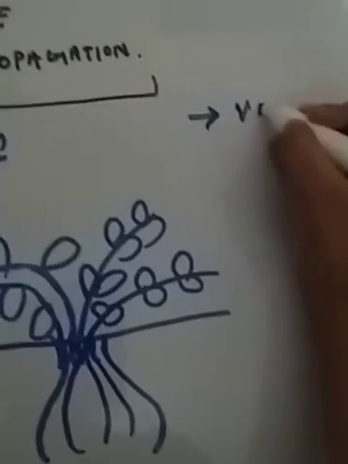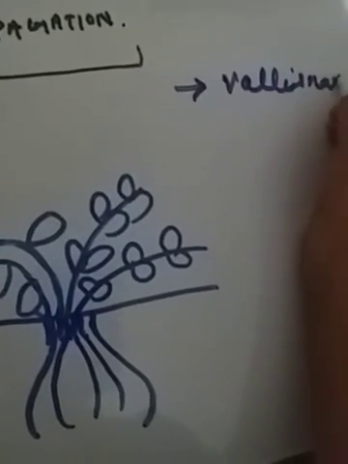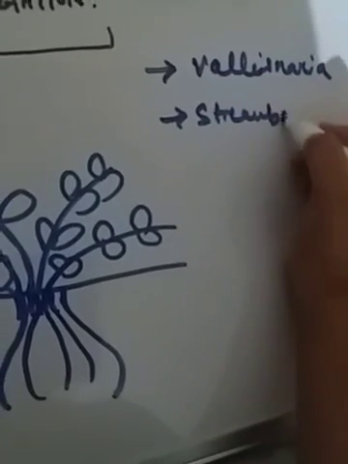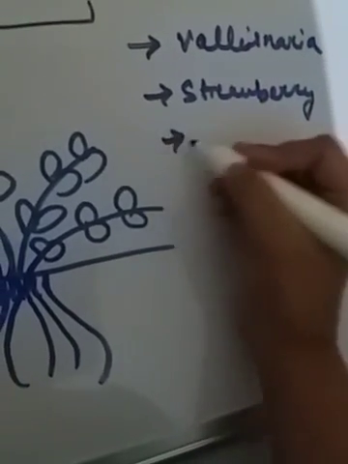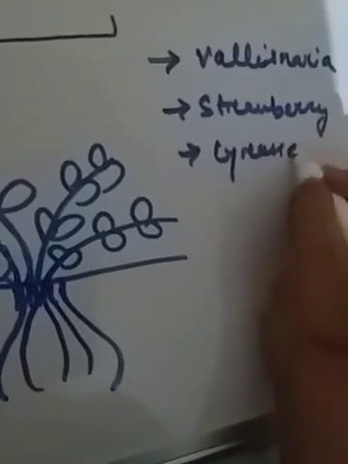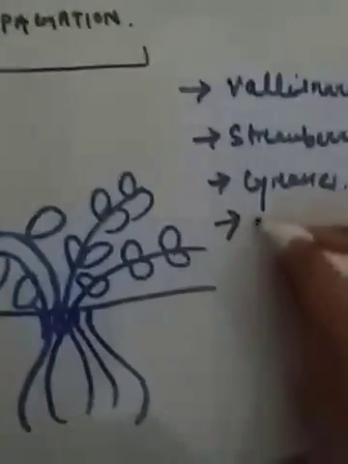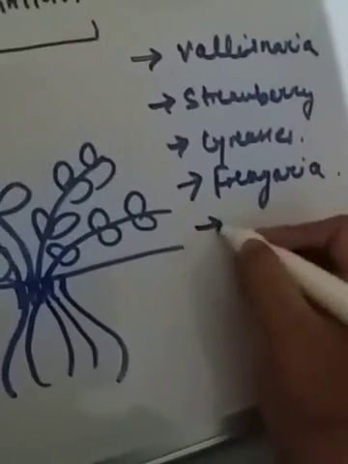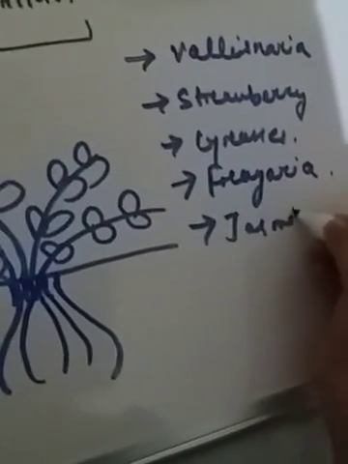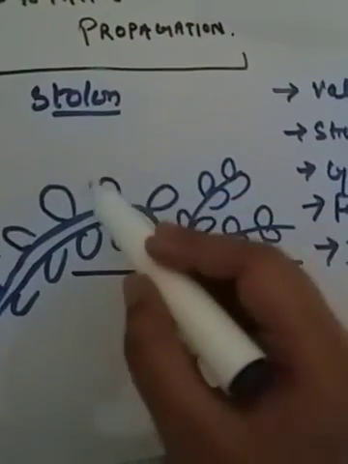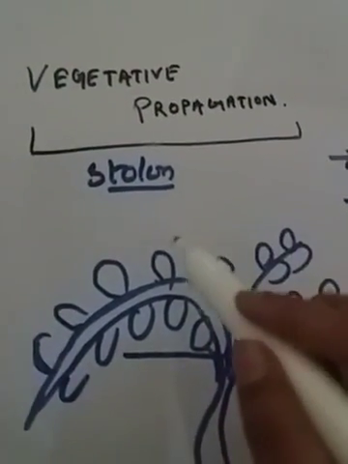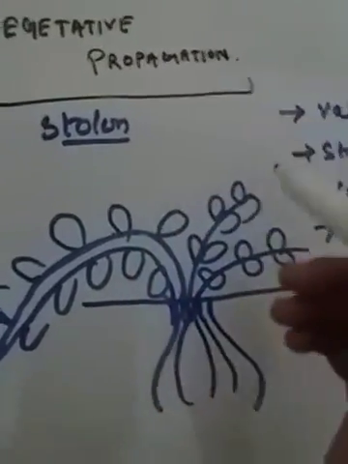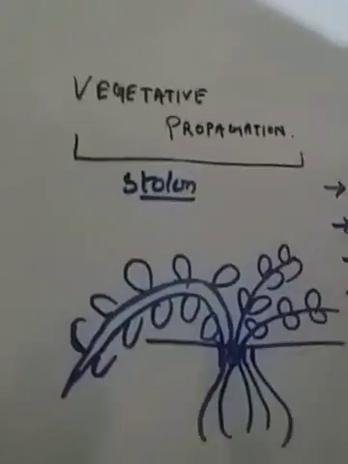We saw the examples like Vallisneria, strawberry, grasses, and Fragaria. You can also add the example of jasmine plant. Jasmine also goes under the category of stolon. So we saw offset and stolon. Now we are going to see runner and sucker. Let's see runner first before going to sucker.